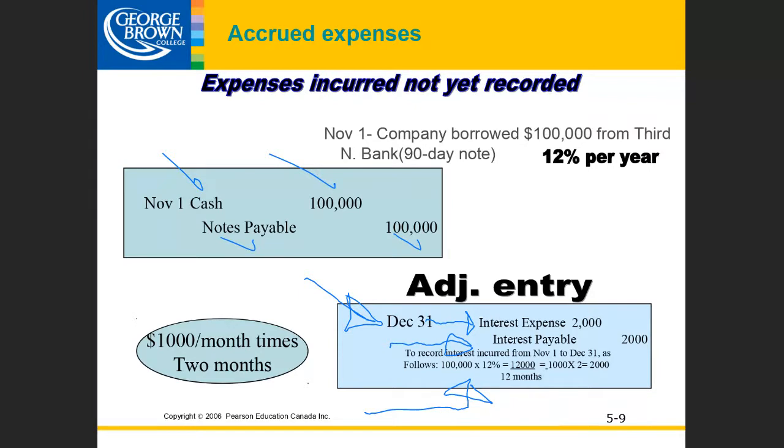So the loan, how would I break this up? There are three components to any bank loan. One is the principal. So this is the principal here. There's the interest rate, which is right here. And then there's the term.